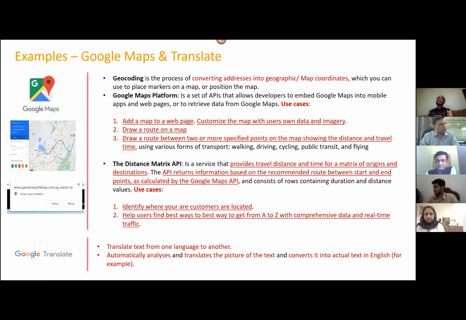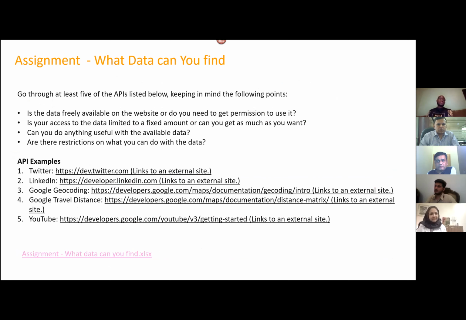Now we had an assignment in terms of what data we could find. I'll quickly run you through what I submitted as an assignment because I know we are running out of time.